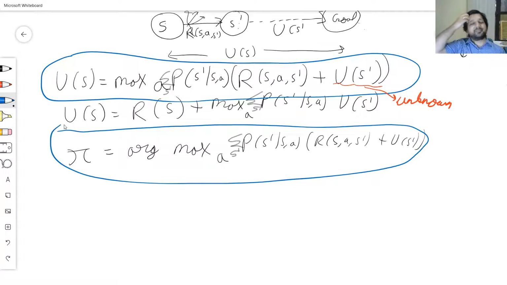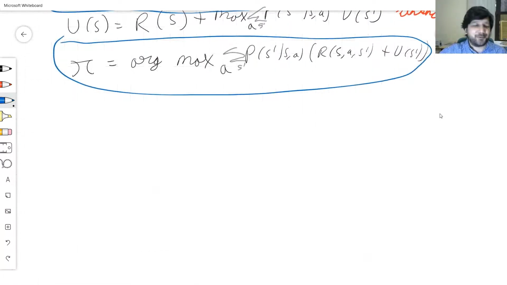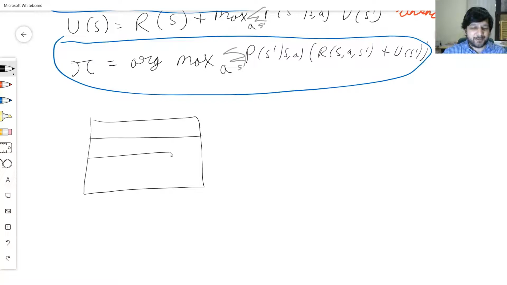Now, assuming that you know what is utility, what is policy, what is a reward, let me do one thing. Let's take a small map and let's try to intuitively understand what these terms are. So here's my small map.